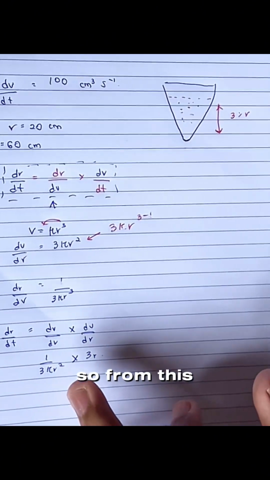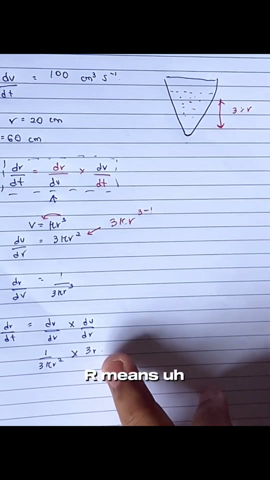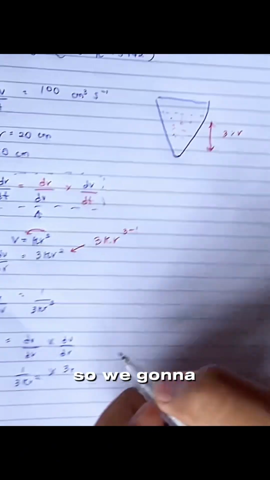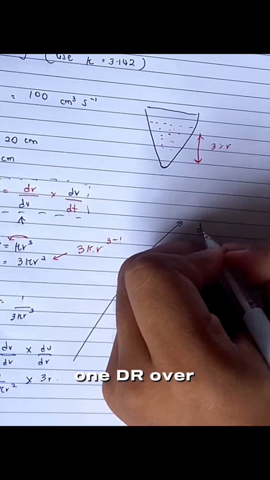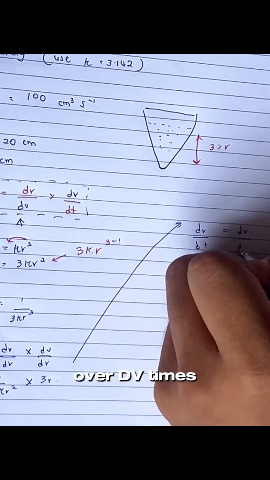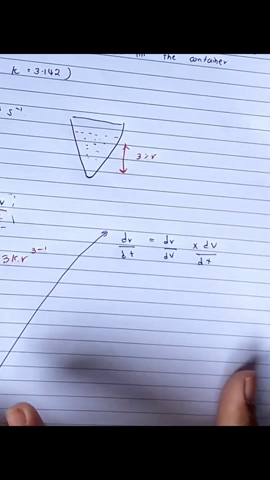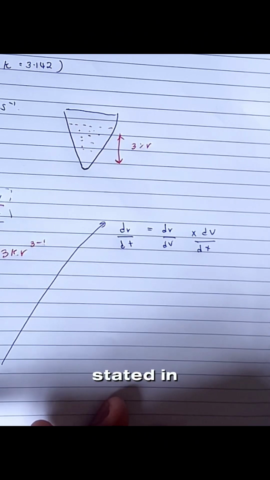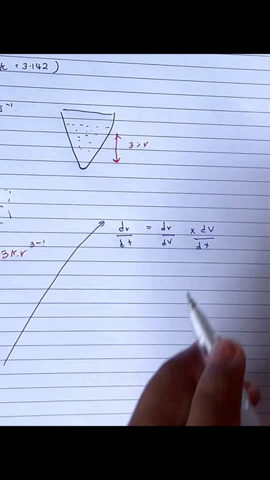From this equation, r means the radius. So, dr over dt equals dr over dv times dv over dt. The r stated in this question is 10 centimeter.